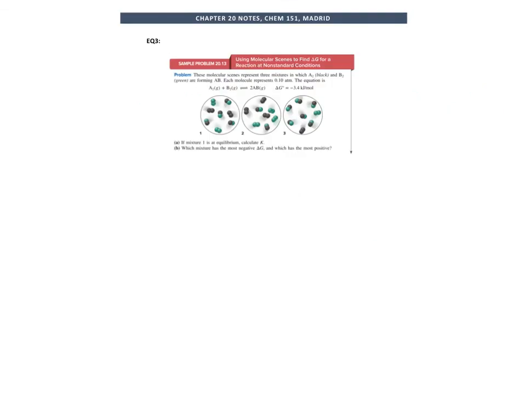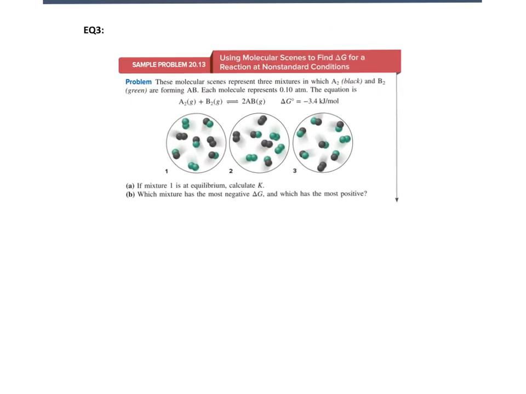All right, last but not least is example question 3. I'm going to blow this up a little. These molecular scenes represent 3 mixtures in which A2 and B2 are forming AB. Each molecule represents 0.10 atmosphere. The equation is A2 plus B2 equals 2AB, and your delta G naught is negative 3.4 kilojoules per mole.